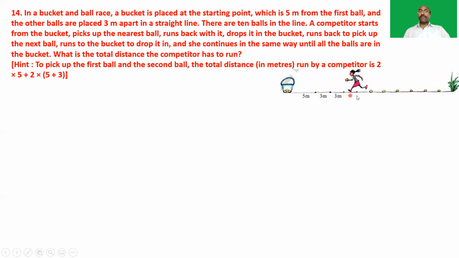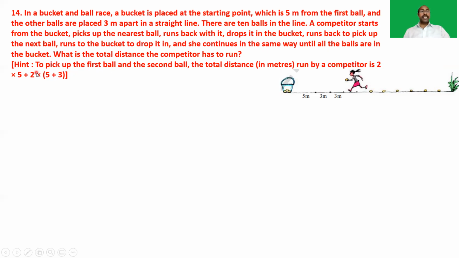A competitor starts from the bucket, picks up the nearest ball, runs back with it, drops it in the bucket, runs back to pick up the next ball, runs to the bucket to drop it in, and she continues in the same way until all the balls are in the bucket. What is the total distance the competitor has to run?